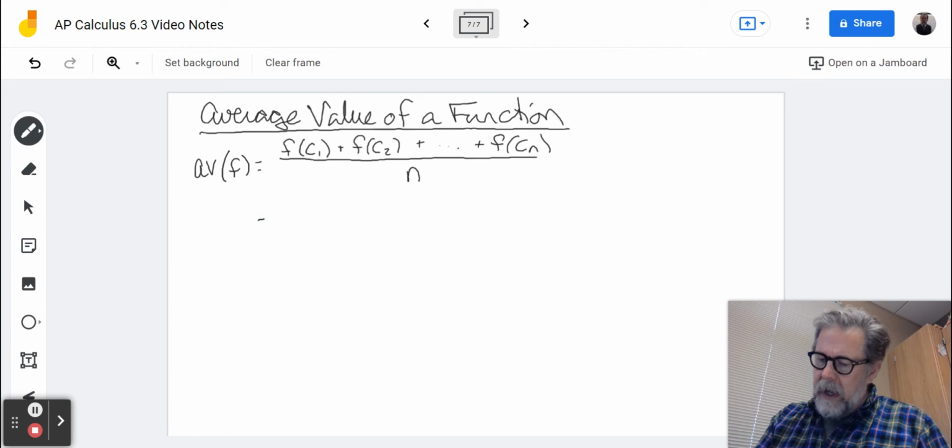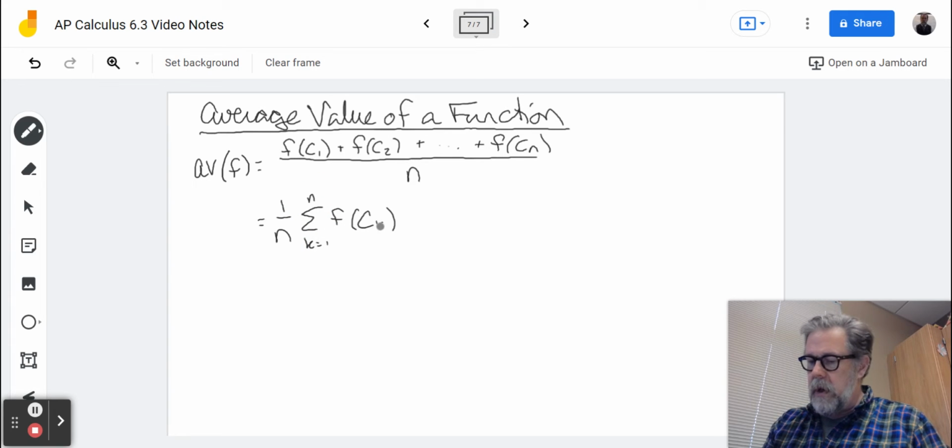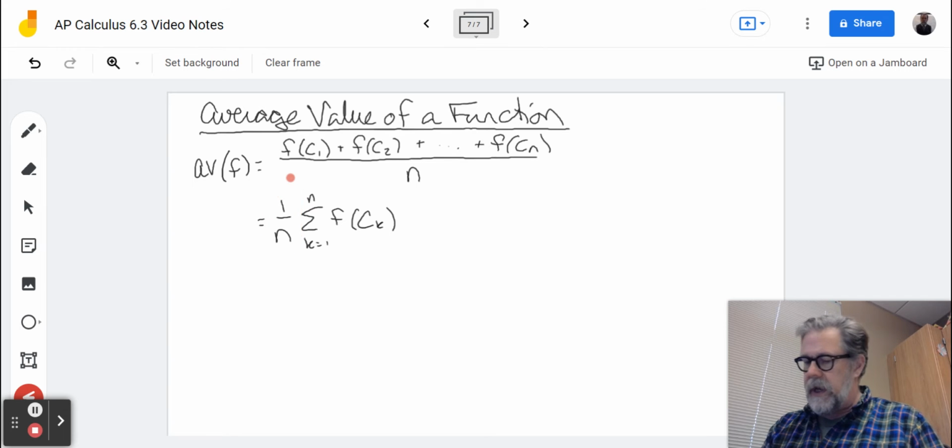Well, factoring out the number of rectangles, that's 1 over n times the sum of all the f of c sub k's from k equals 1 to n. So now we've added up all of our values right there and divided by the number of rectangles.